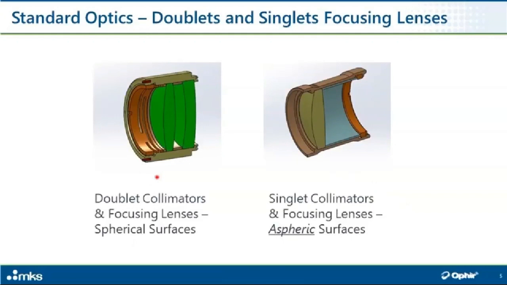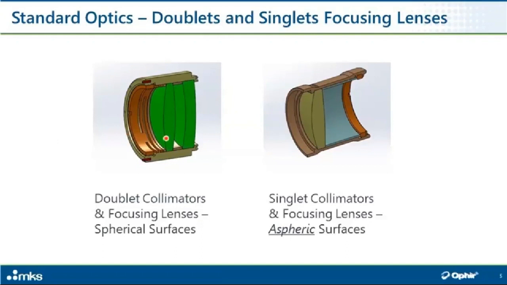In this slide, you see the structure of a collimator and focusing lens. In the standard case, if you use conventional spherical lenses, you need 2 lenses in order to collimate or focus the laser beam and still get good performance.